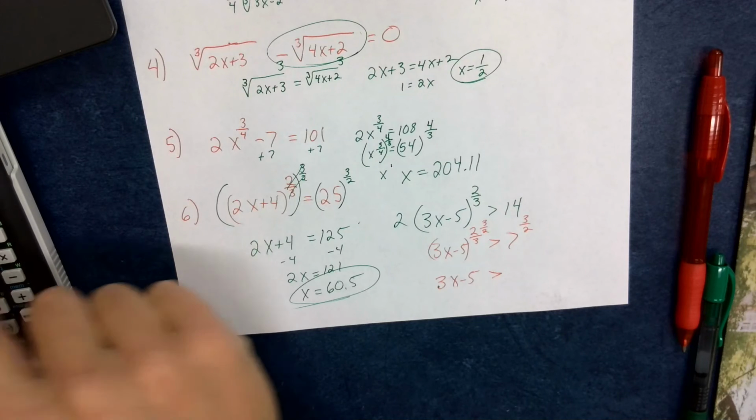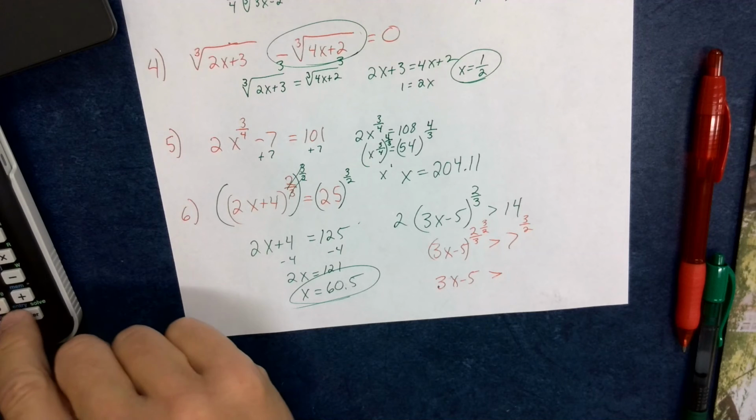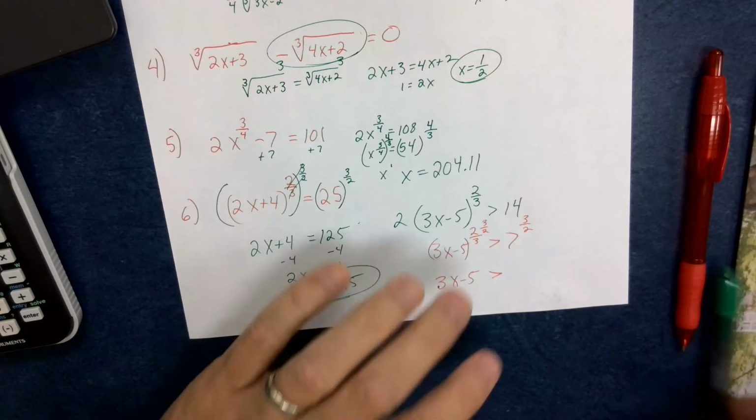I'll do that on my calculator over here. 7 raised to the, I could just make it 1.5 because that's what 3/2 is. And I get 18.52.